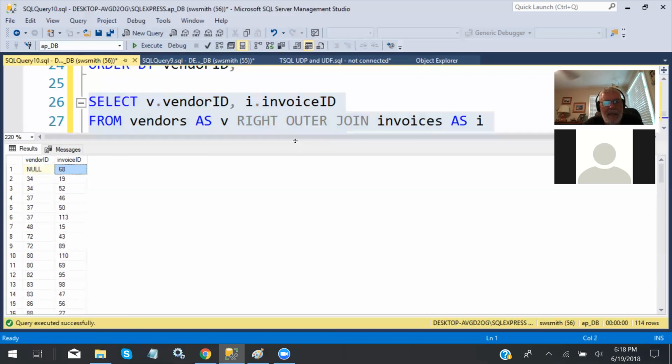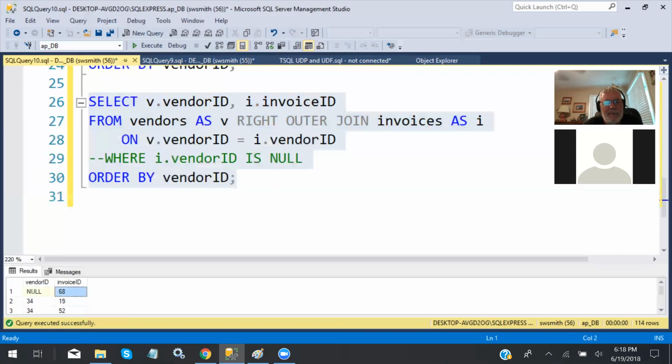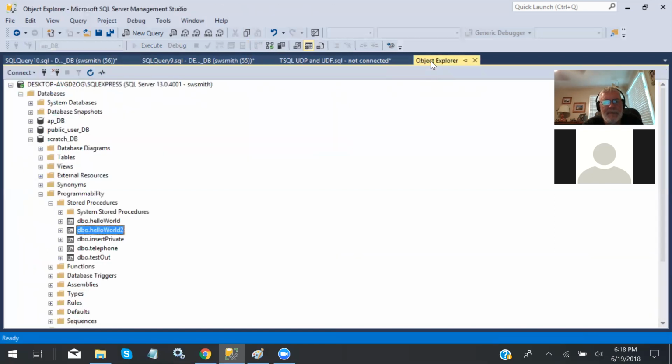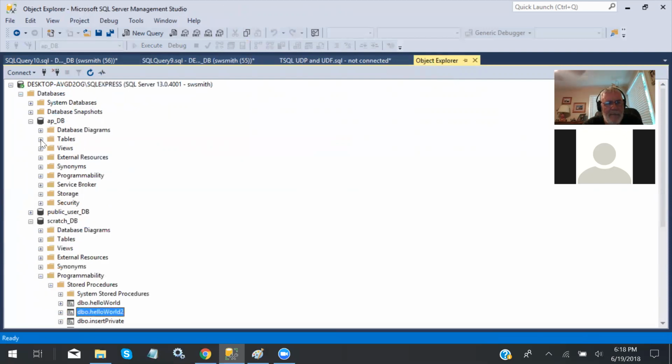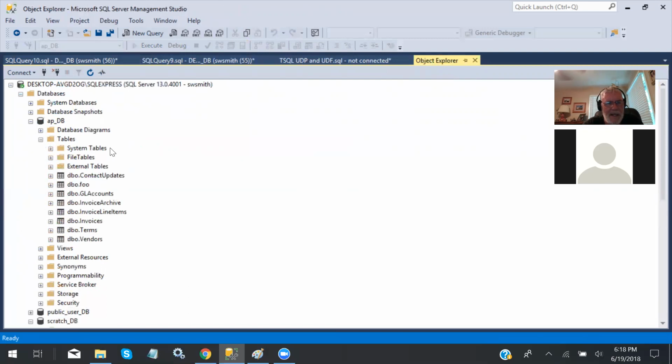What does that mean when an invoice ID has no associated vendor ID? Let's go take a look at it. That was invoice ID 68.